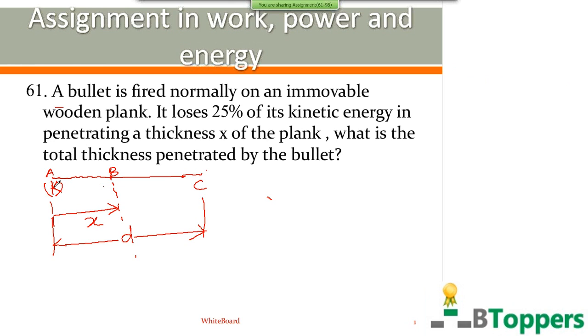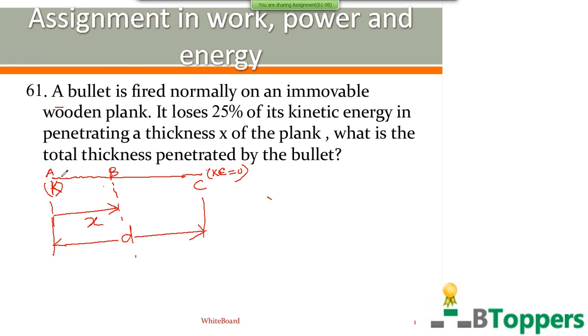which enters into the plank with kinetic energy K. Let B be the position of the bullet after it has penetrated thickness x of the plank. Let C be the final position of the bullet at which the kinetic energy of the bullet becomes zero, or the bullet comes to rest. It is given that the kinetic energy of the bullet decreases by 25%.